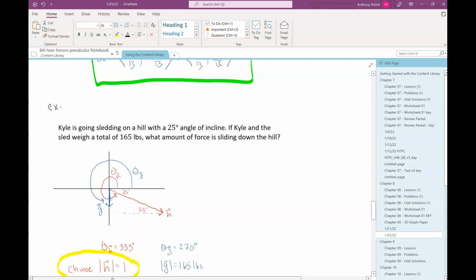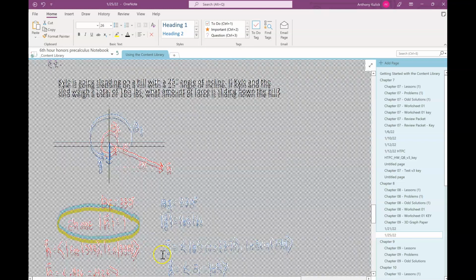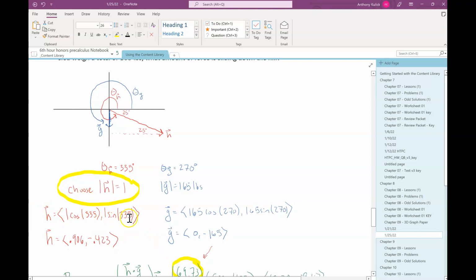Since there was no length implied for the hill, we chose the magnitude to be 1 because it simplifies the problem, but you could have picked any number. For our gravity vector, we obtained the magnitude and direction from our picture. We then resolved our vector H and our vector G into component forms.